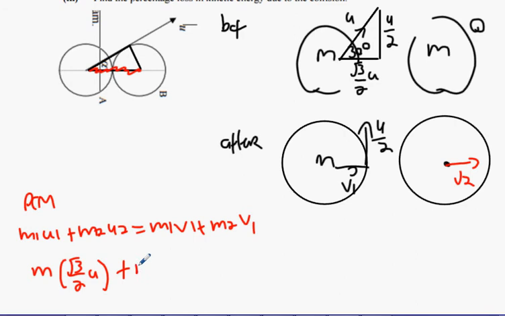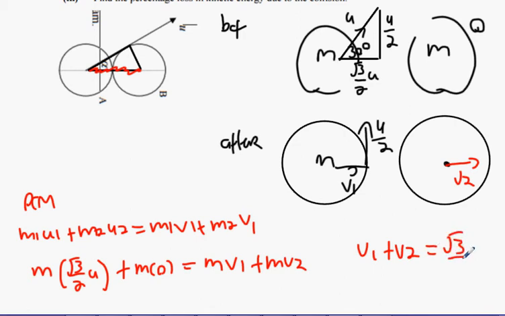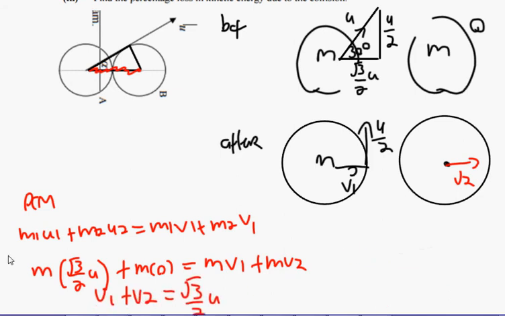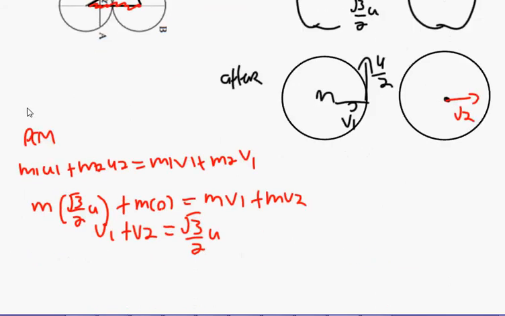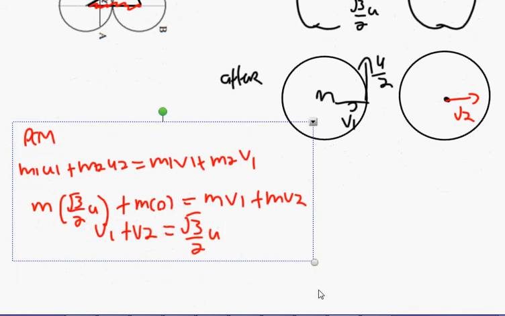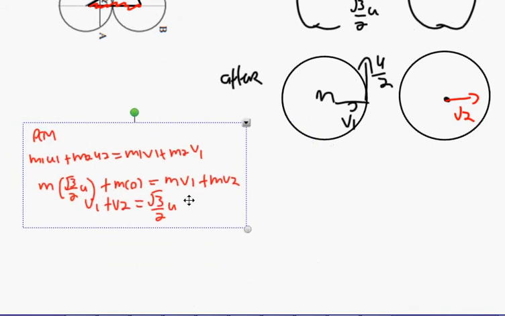I'm going for M times 0. And then going for MV1 plus MV2. I'm then going to determine that V1 plus V2 equals root 3 over 2 U. So that's the first one done. Everybody alright with that? I'll just group it and store it down here.